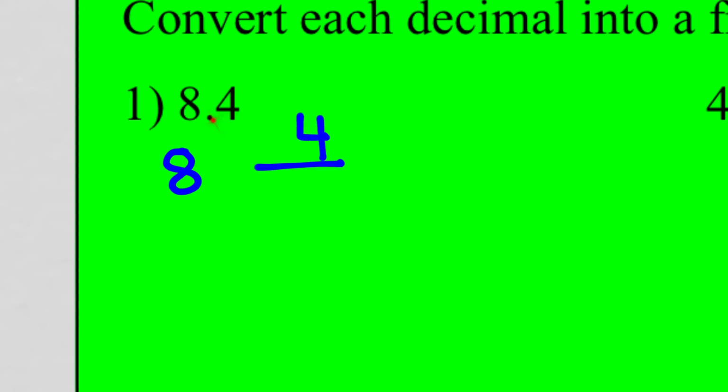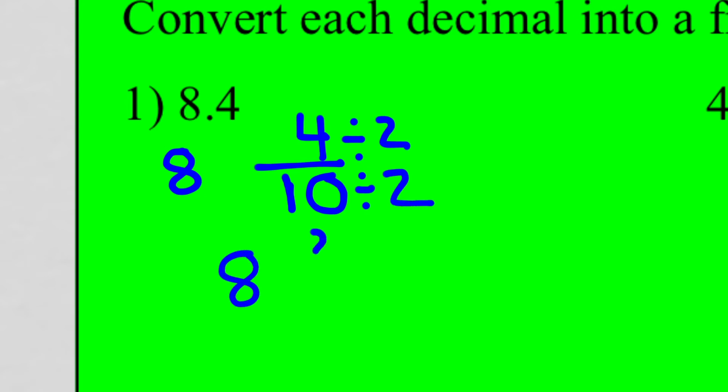Since there's 1 decimal place to the right of the decimal, there's going to be 1 zero in the denominator and a 1. 8 and 4/10. And then we always want to put these in lowest terms. In this case, we can divide the numerator and denominator by 2, and that's going to give you 8 and 2/5.